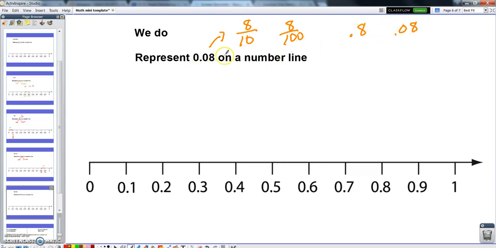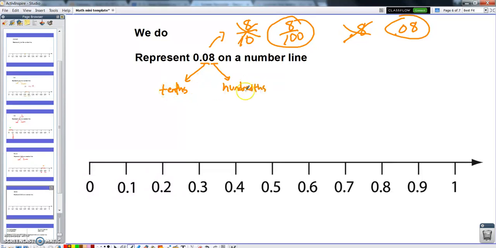Those are where we get ourselves into trouble. Really what I'm doing here, I'm talking about this, not this 8 tenths. So 8 hundredths has no tenths and 8 hundredths. No tenths and 8 hundredths.